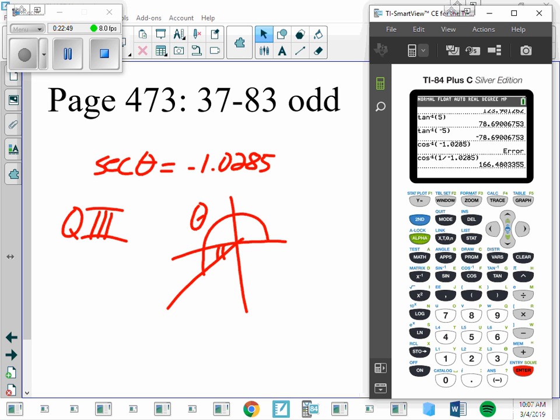I would take 180 and add 50, and that would give me my angle, because 180 will get you there, and then the reference angle will get you to there. But it didn't work out because I actually created an angle in the wrong quadrant. It depends on where you are. You could do 180 plus or 180 minus or 360. It just depends on where you land. Okay, get to work.